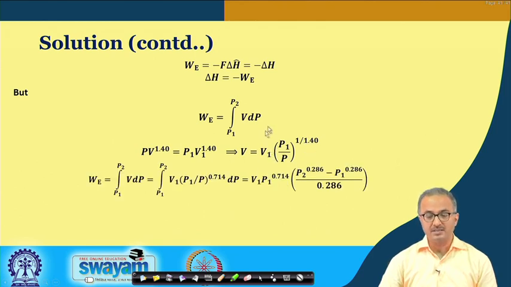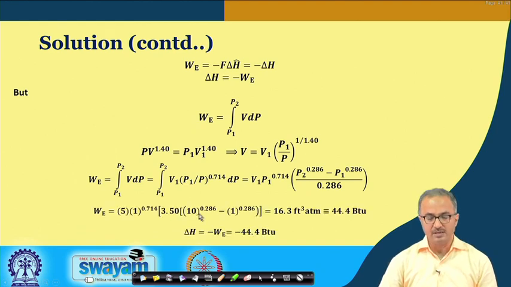Now, plugging in this particular term in this equation, we get this particular equation, and doing the integration, what we ultimately find is that this is the value of the work done, and this is coming out to be this much of BTU. And this work done is nothing but the change in the enthalpy. So, change in the enthalpy is a negative of this particular value.